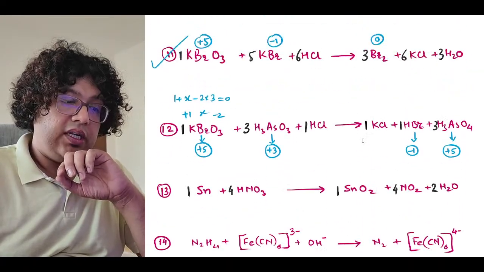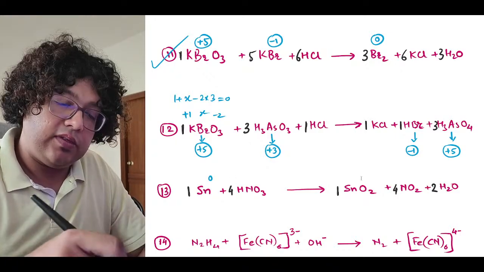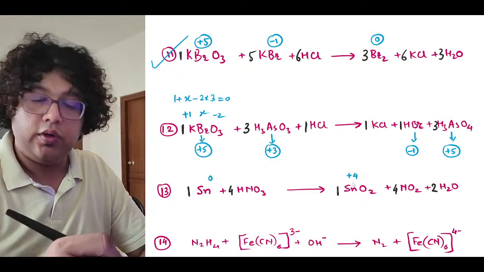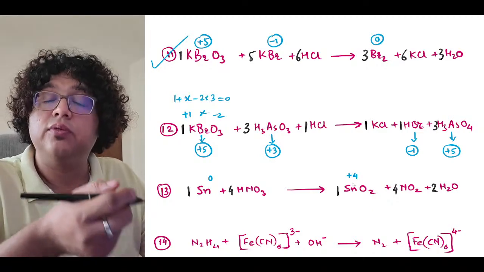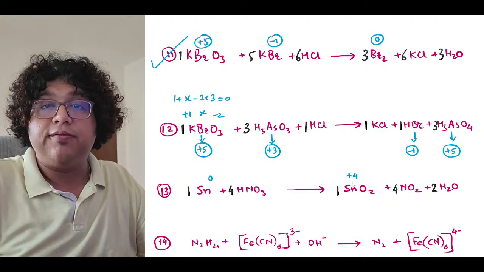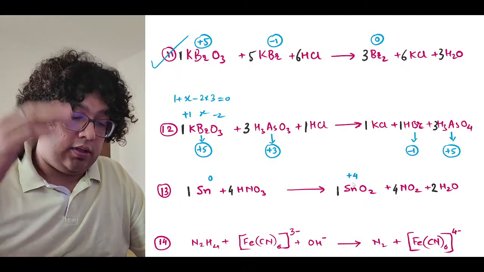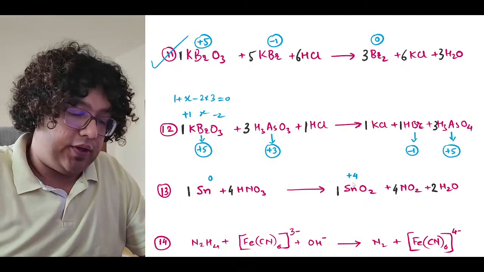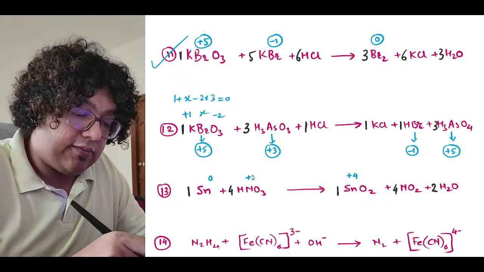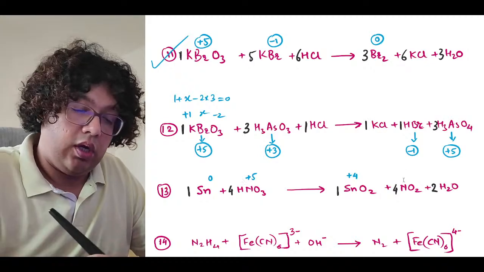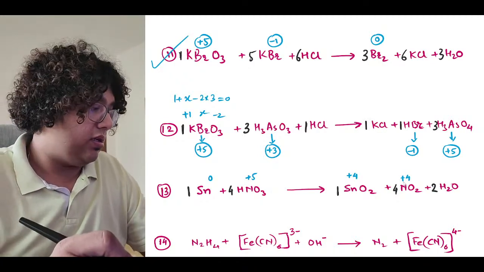In question number 13, as you can all see, the oxidation state of tin is changing from 0 to +4. The highest oxidation state that tin can achieve is +4, because tin belongs to the carbon family: carbon, silicon, germanium, tin, lead. Whereas HNO3, which is in +5 oxidation state, is going to NO2, where nitrogen is in +4 oxidation state.